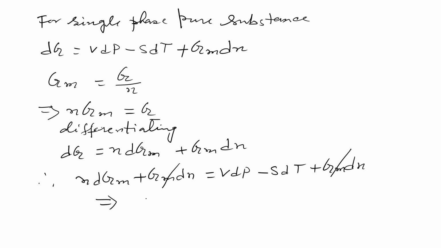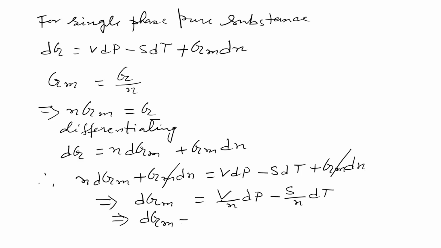Now from here, see, dGm is equal to V by N dP minus S by N dT. So therefore from here, what can I write?